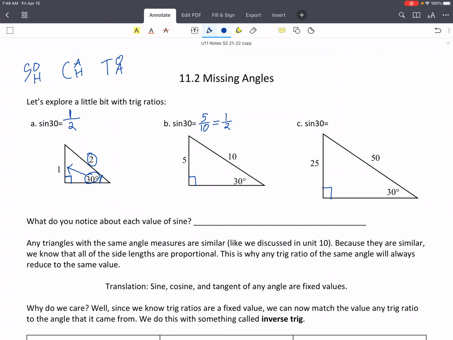On this next one, on C, we would have found that our sine of 30 is 25 over 50, which also simplifies down to 1/2. So the sine of 30 for each of these triangles is the same.